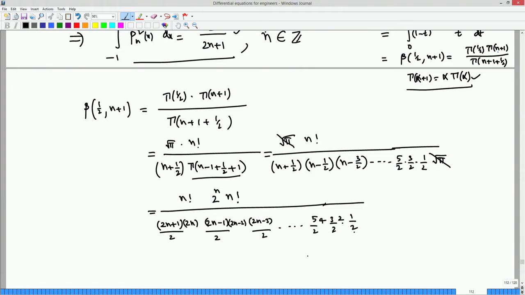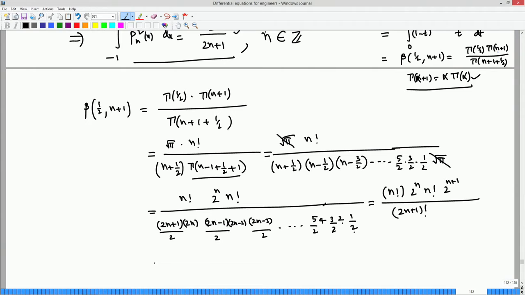These you can bring up. So what you have is n plus 1 into 2 power n into n factorial divided by, now this is 1, 2, 3, 4, 5 up to 2n plus 1 factorial divided by 2 power n plus 1, that will go here.